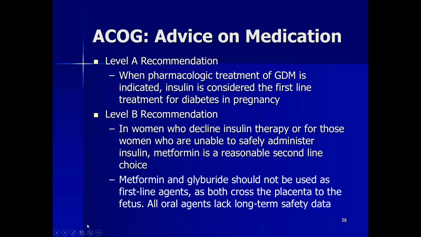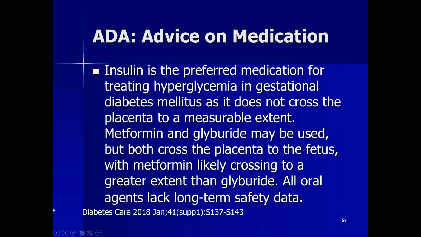Neither metformin nor glyburide should be used as first-line agents, as both cross the placenta to the fetus, again referencing the lack of long-term safety data because of that crossing of the placenta. This is American Diabetes Association advice. It also came out in 2018. Again, recommending insulin as the preferred medication for those who need a medication added to their diet and exercise therapy.